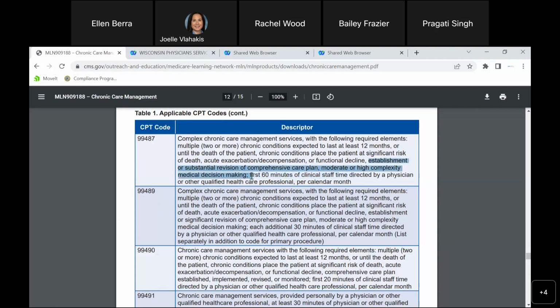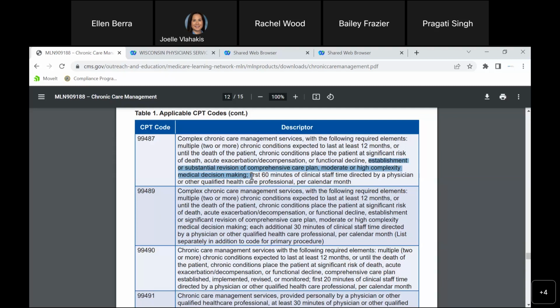Part of what has to happen is that there is moderate or high complexity medical decision making documented by that billing practitioner. So if that billing practitioner is doing that moderate or high complexity medical decision making, not in an encounter with that patient, then that time can count toward these procedure codes.